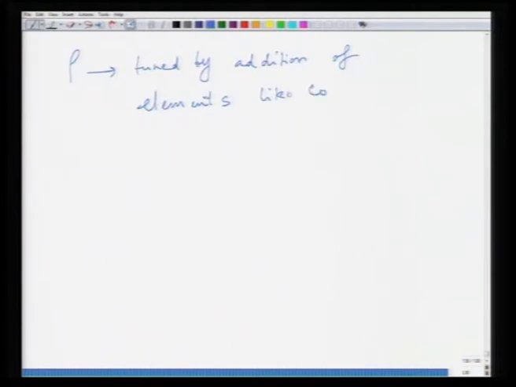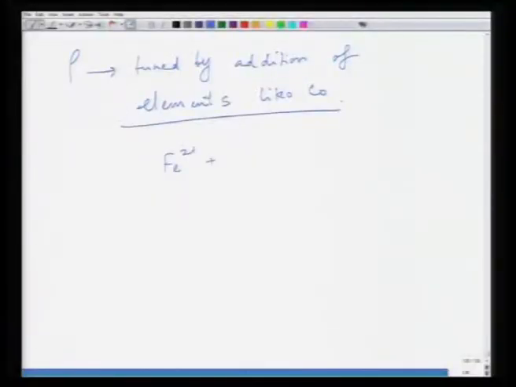You can also change the resistivity by addition of certain other atoms. So, rho can be tuned by addition of elements like cobalt, and this cobalt is something which maintains the iron in Fe3+ state, because this Fe2+ plus Co3+ reaction gives rise to Fe3+ plus Co2+.